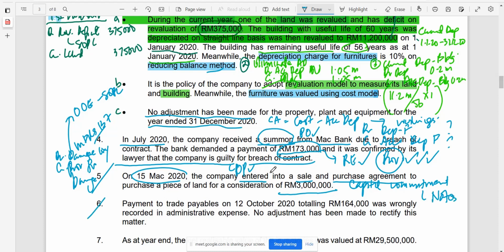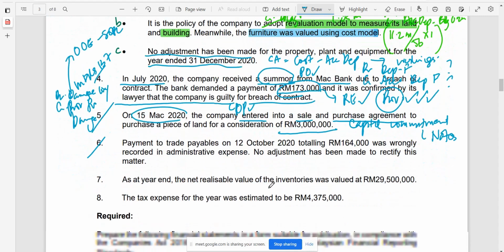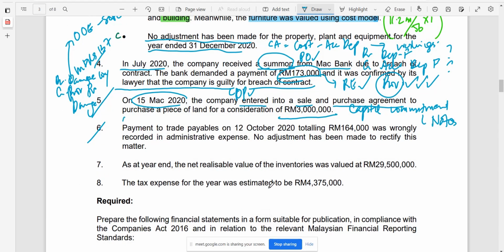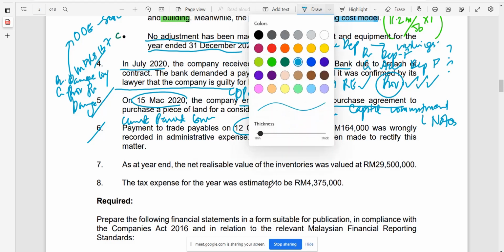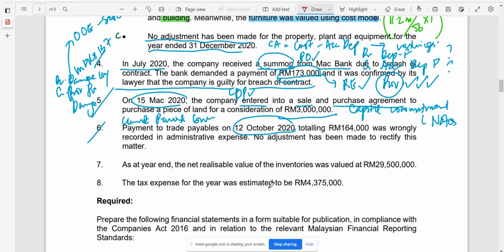Number 6 is an error that happened in the current period. This is the current period error, which was discovered on 12th of October. That error involved the payment to trade payable that was wrongly recorded in admin expense.